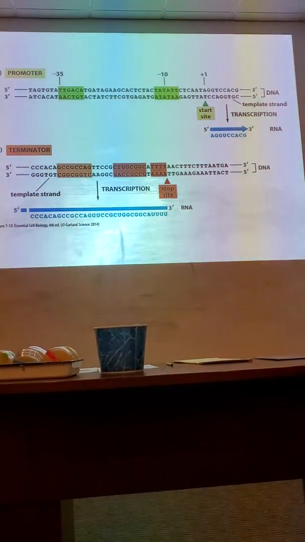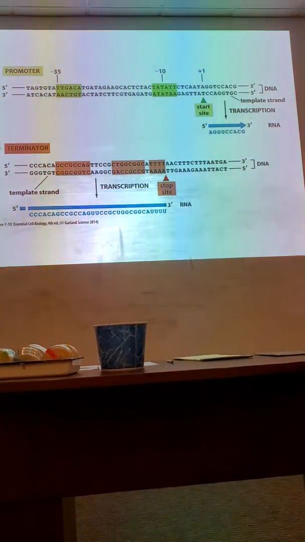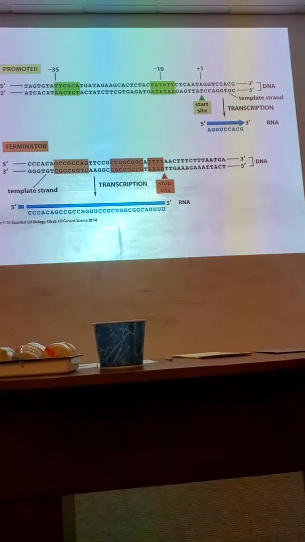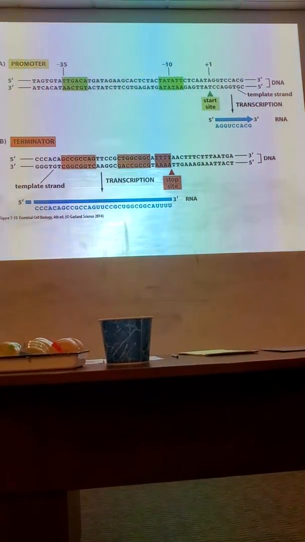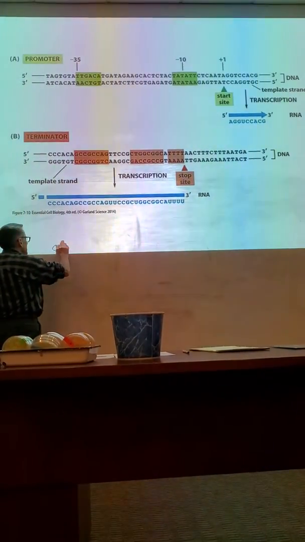At -35, you see another very consistent sequence that they've turned green up here. And this is what you find at -10 and at -35 in most any bacterial promoter that will be recognized by sigma. These are called consensus sequences, and I think this is the first moment where we've seen this.